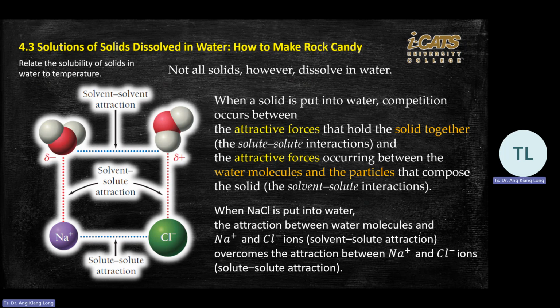If the red dot is stronger than the blue dot, it will dissolve. Can you understand? Only three attractions here, and you just focus on the red dot and the blue dot.